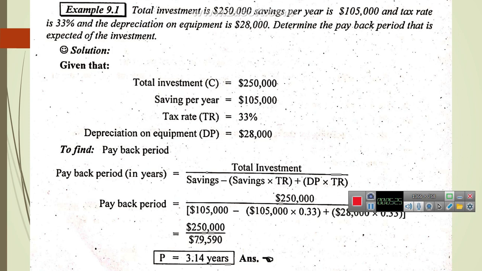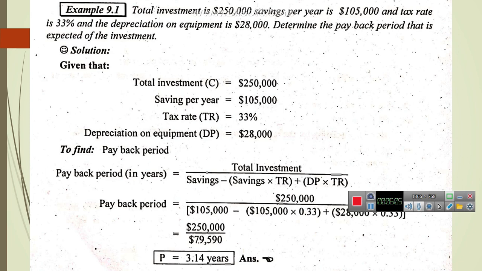We know the formula for the payback period in years, so we calculate it: total investment divided by savings minus savings times TR plus DP times TR. Total investment is 2,50,000 and savings are 1,05,000, multiplied by the tax rate.